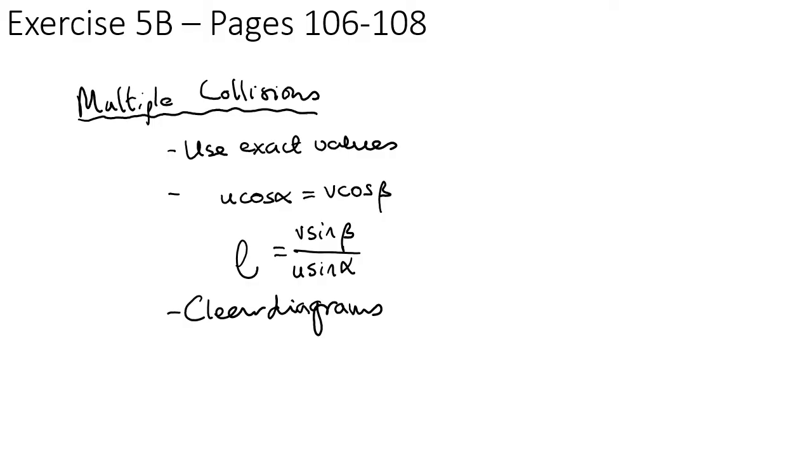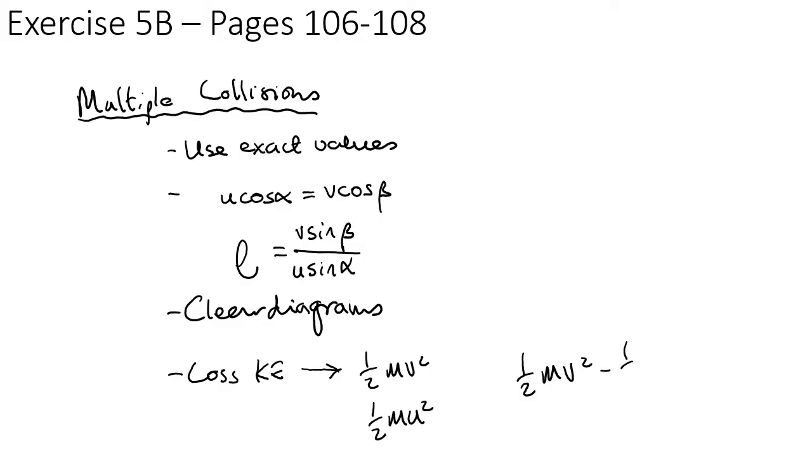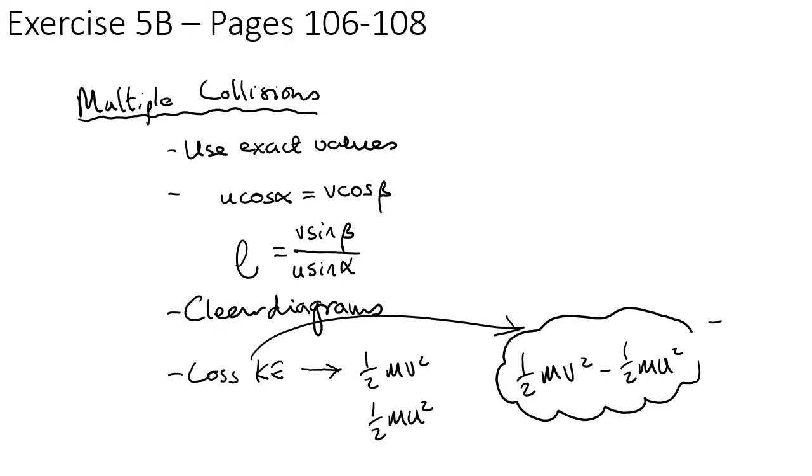And don't forget your loss of kinetic energy. That's basically going to be the kinetic energies before and after, and you just do the largest one minus the smallest one, or you can just do half m v squared minus half m u squared, but for a loss of KE you'll get a negative answer.